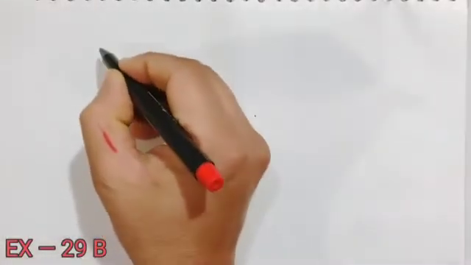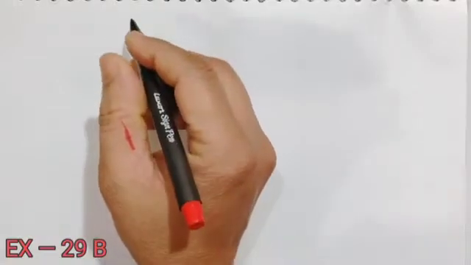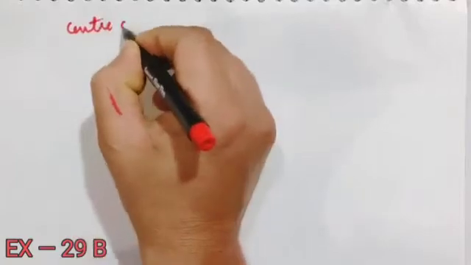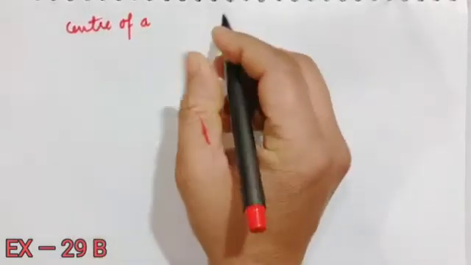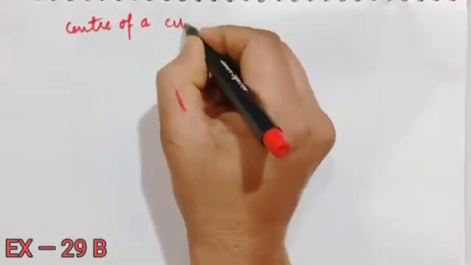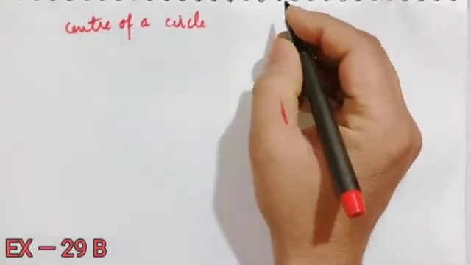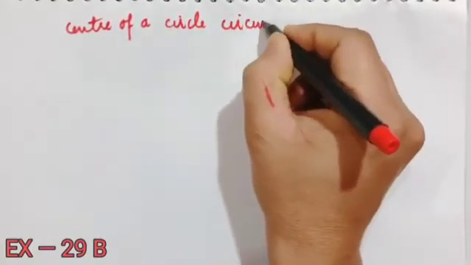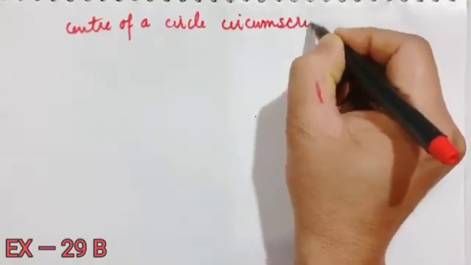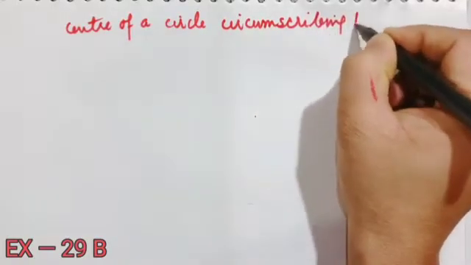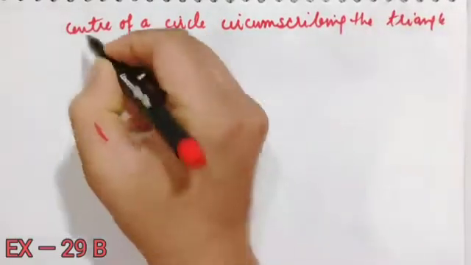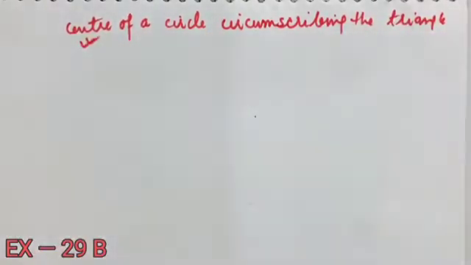So how to find the center of a circle circumscribing the triangle? ठीक है, this is the most important thing. Center मिल गया, काम खत्म.